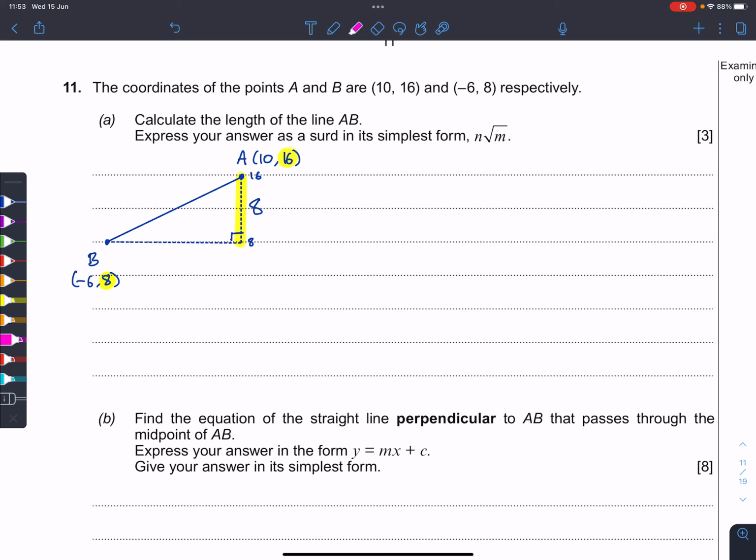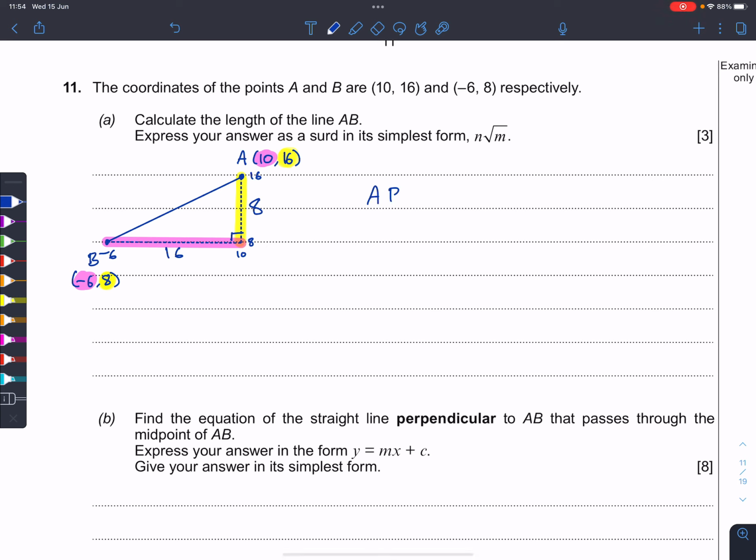Now, in a similar manner, if I want to work out this length, I can use negative 6, which is the x coordinate from B, and all the way up to 10, which is the x coordinate there. To work out this distance, I could start at negative 6 and then add on until I get to 10, which is 16, or I can do a subtraction. 10 take away negative 6 will give me 16. So now I can find my AB.